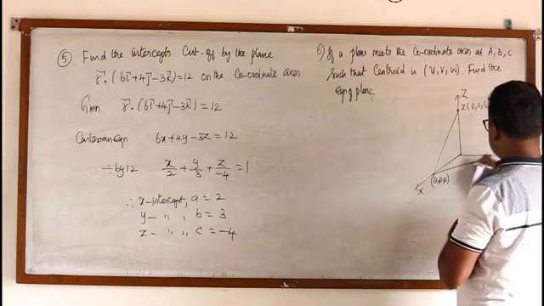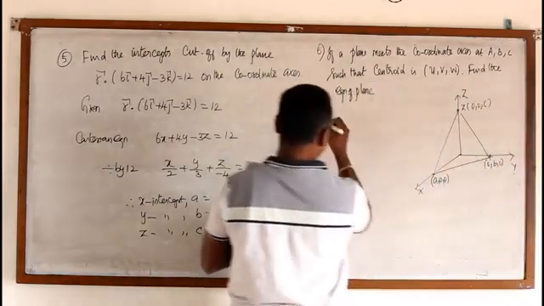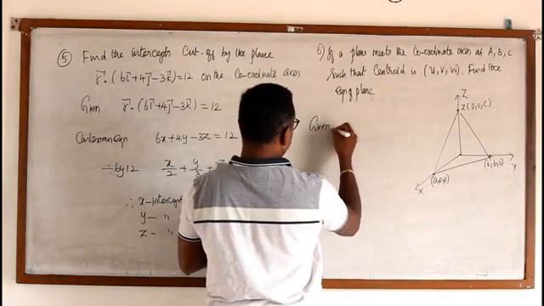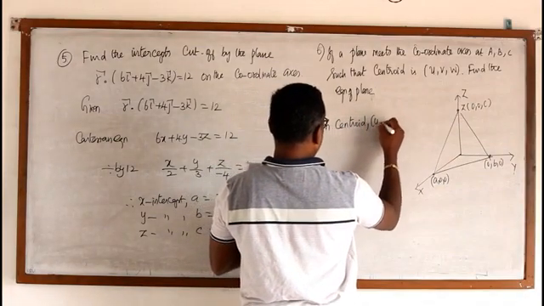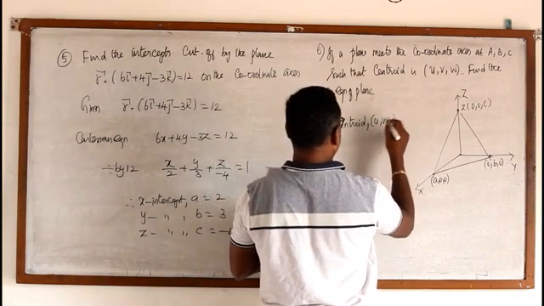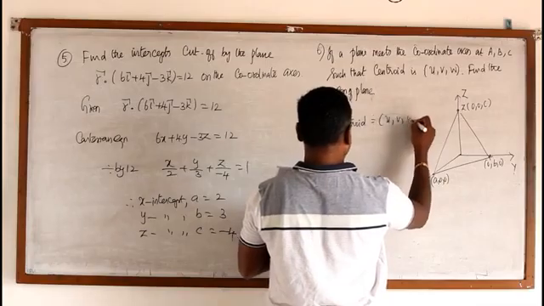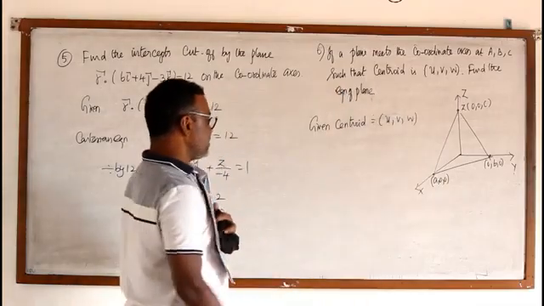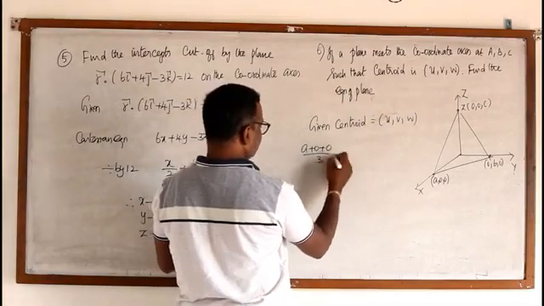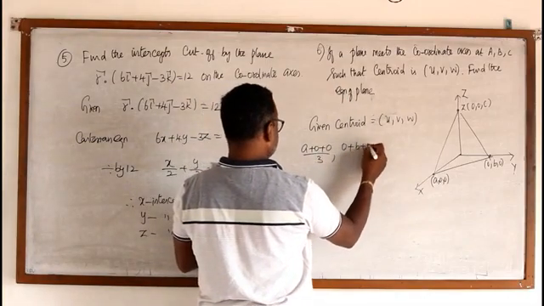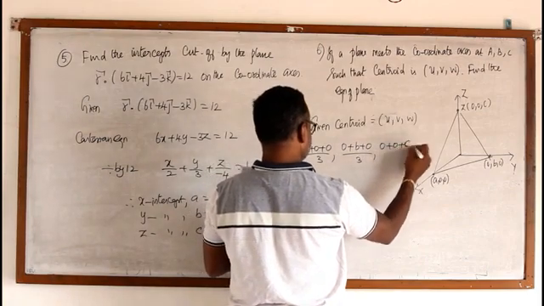So if this is the plane with intercept form, then the centroid is given. Centroid equal to (u, v, w). But we know the centroid is a plus 0 plus 0 by 3, 0 plus b plus 0 by 3, 0 plus 0 plus c by 3.